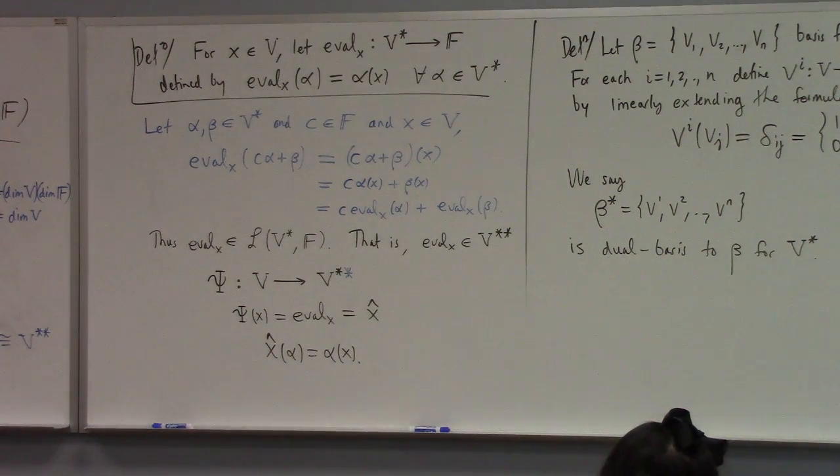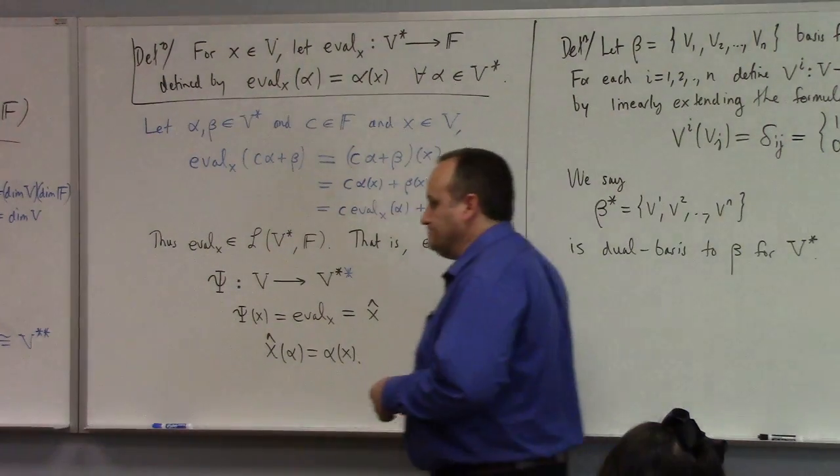Now that begs a question, which is, I've called it the basis for the dual space. Is it actually the basis for the dual space? And how can we prove that? So it's in our best interest to write a theorem that lays out plainly the properties of the dual basis. All right? So let's do that.